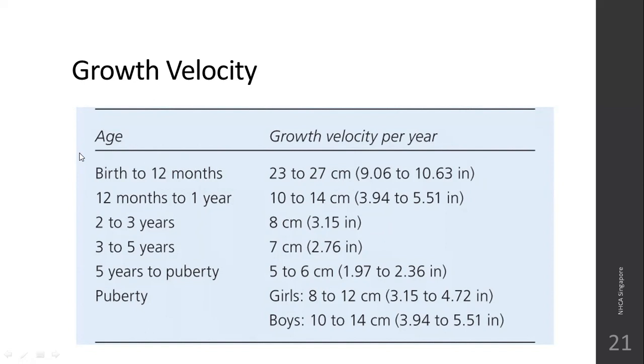Okay, maximum 50 centimeter is the birth height. So before the first birthday, 23 to 27 centimeter height would be there. From 12 months to the second birthday, this much should be the growth velocity, and so on. You can take a screenshot of this.